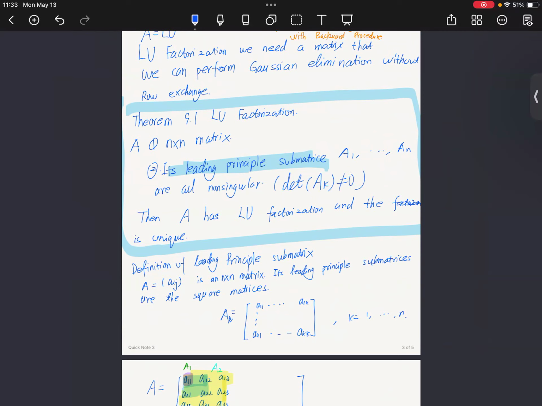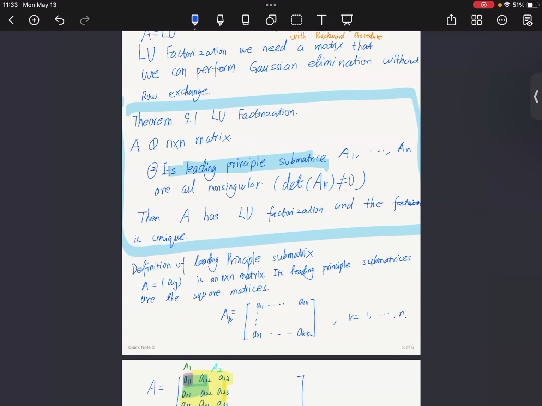But now, if the matrix is positive definite, the determinants of all the leading principal submatrices are positive. Positive also means that the determinant does not equal to 0, right? It's non-zero. So this satisfies this criterion here, which means that all positive definite matrices have LU factorizations, and the factorization is unique. Does the logic here make sense?